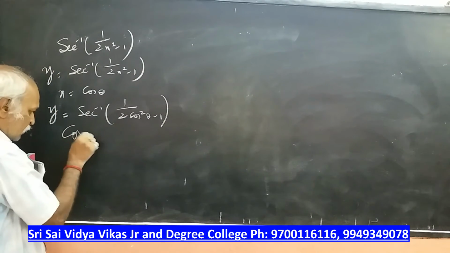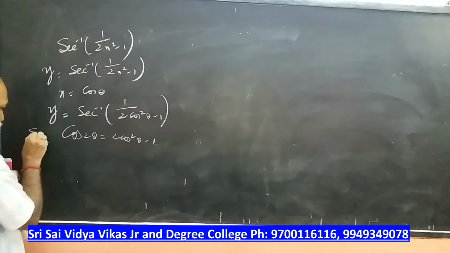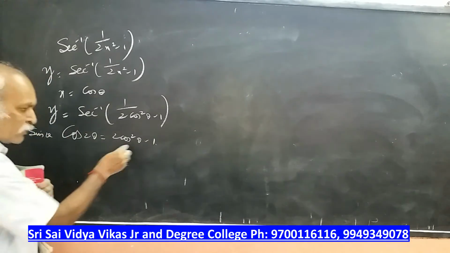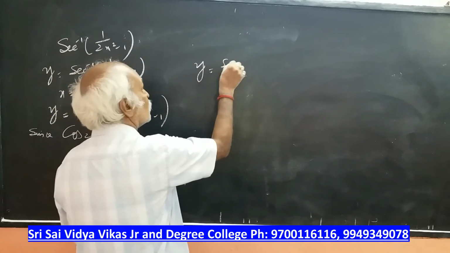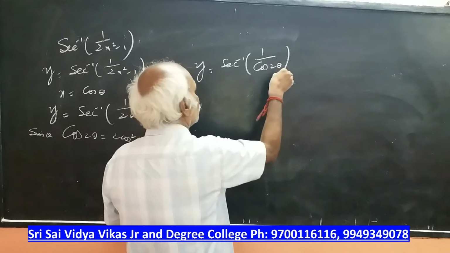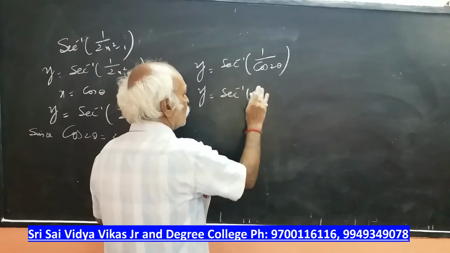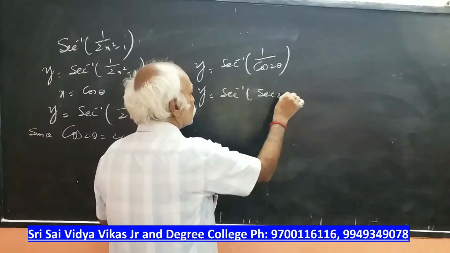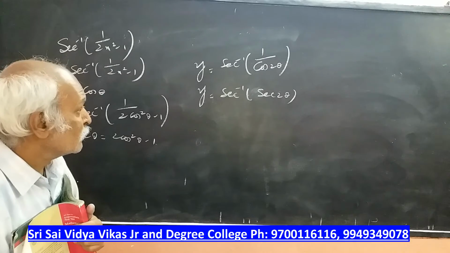Again, the cos 2 theta formula. Since cos 2 theta is what, sir? 2 cos square theta minus 1. So, y is equal to secant inverse 1 by cos 2 theta, secant 2 theta.